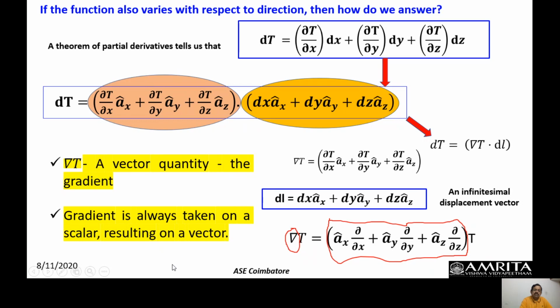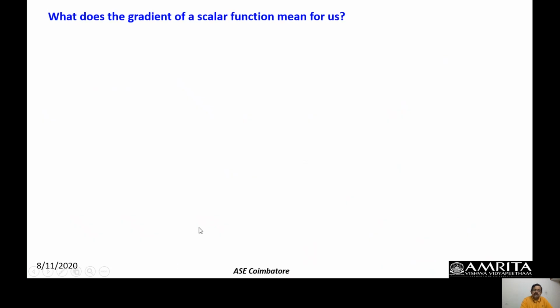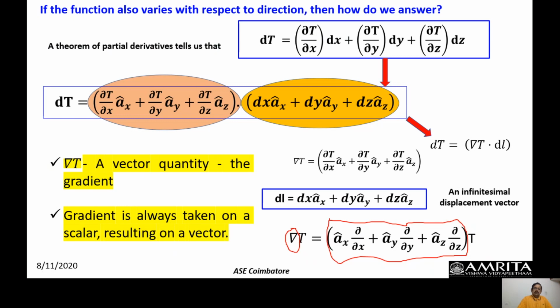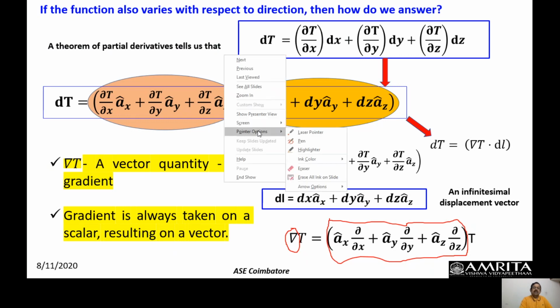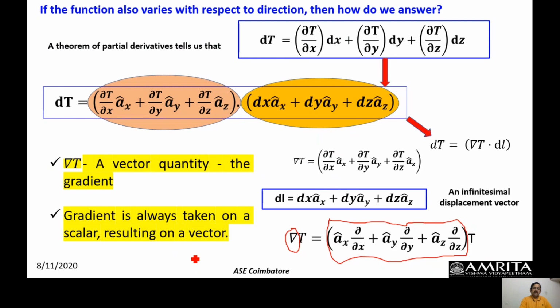What I am saying is basically this. So I can put it like this. So this is my vector function A, and I can multiply with a scalar k like this.